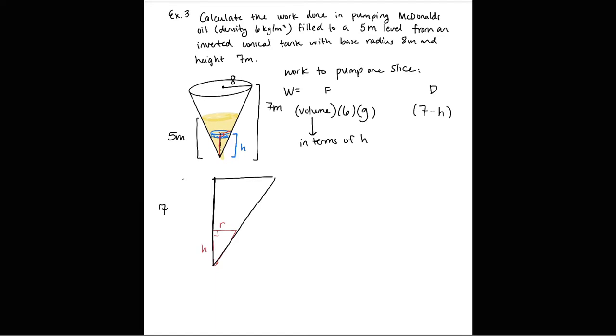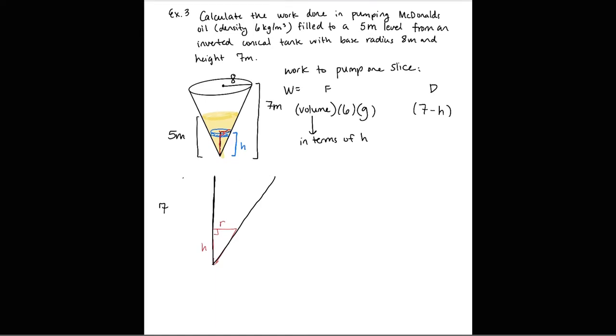This side is 8. Okay. Forgive the fact that I didn't draw my cone very proportionally here. I could have done a lot better at drawing a bigger base on the cone. But 7 over 8 is my ratio. So I can use the fact that these are similar triangles to figure out what that r is.